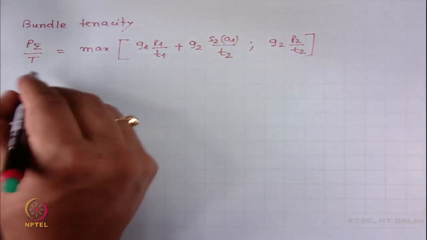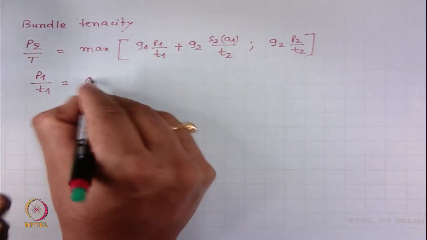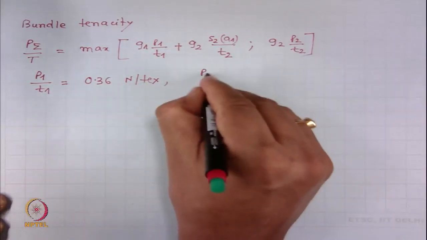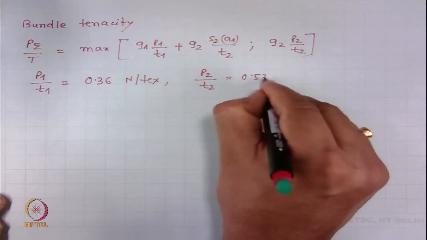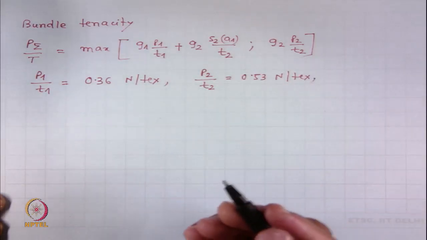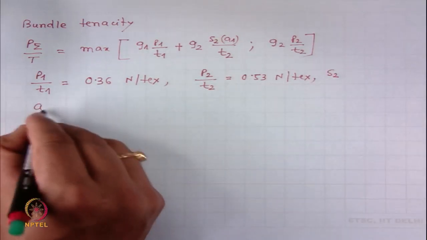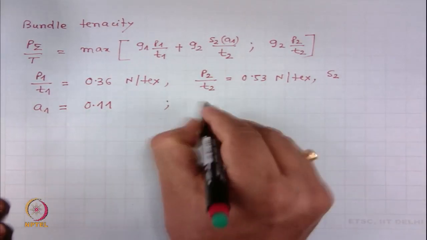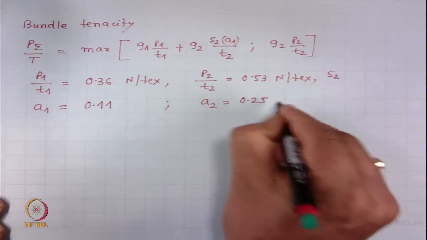Here this P1 by T1 is given as 0.36 Newton per tex, P2 by T2 is given as 0.53 Newton per tex, and A1 is given as 11%, A2 is given as 25%.